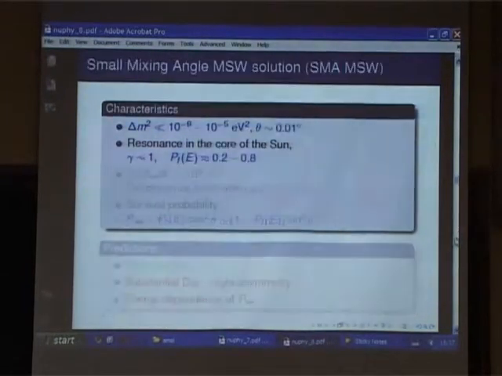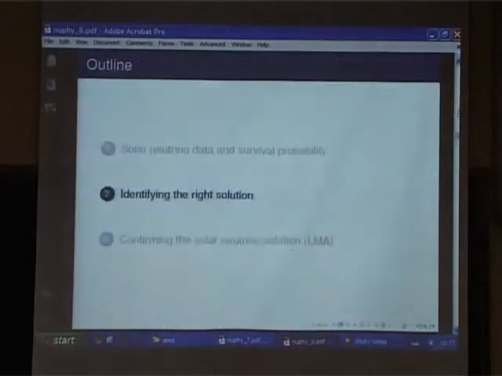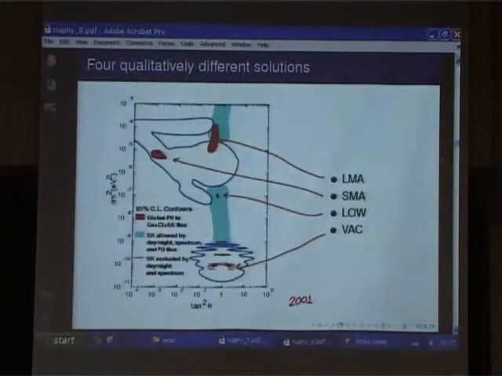Let's go to the next solution, which was the small mixing angle solution. MSW is the MSW resonance, and it's usually called SMA MSW because here the MSW effect plays a large role. The vacuum solution, it played no role. So let's look at this solution again from earlier. So this solution is here.